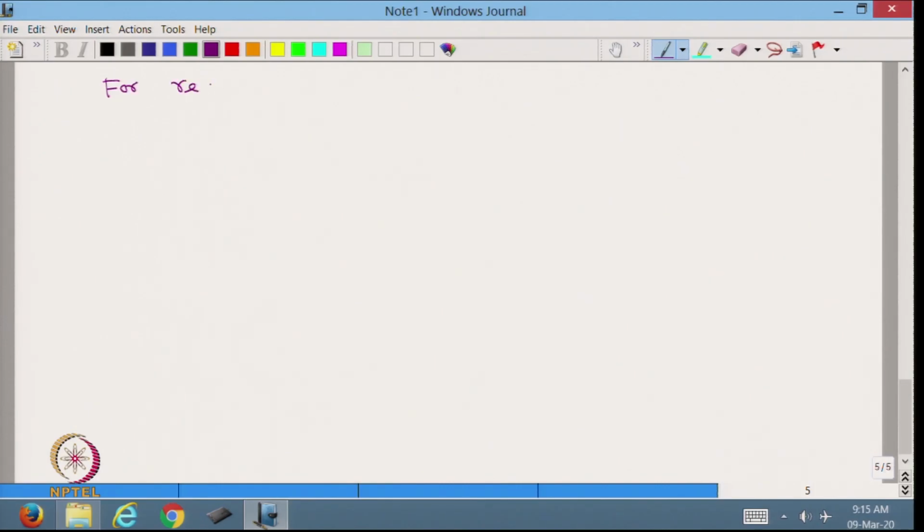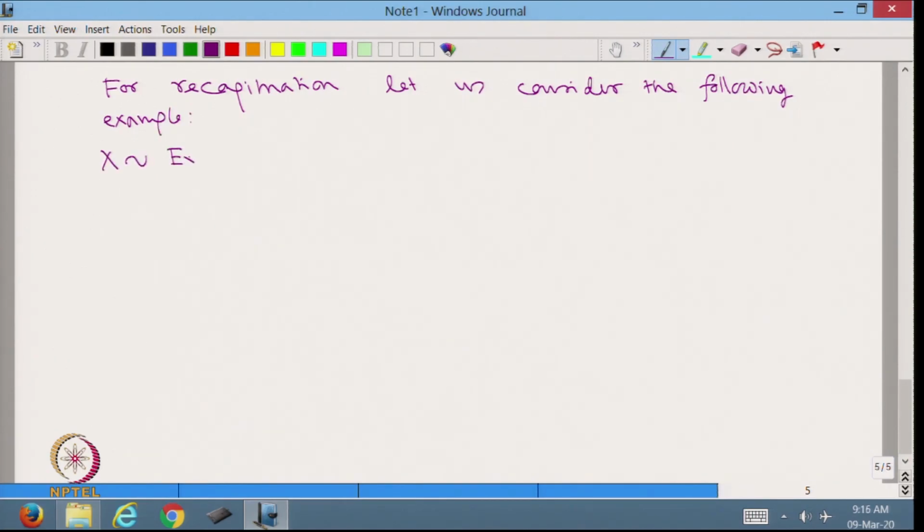For recapitulation, let us consider the following example. If x follows exponential with 1 degrees of freedom, what is the PDF of y is equal to root over of x?